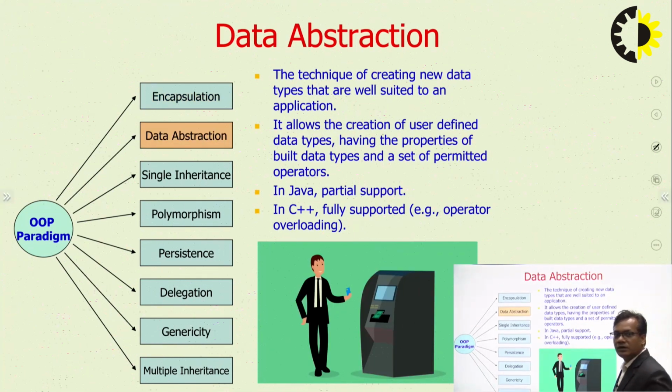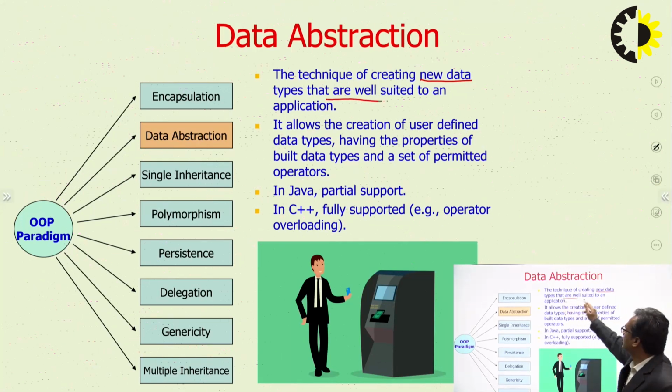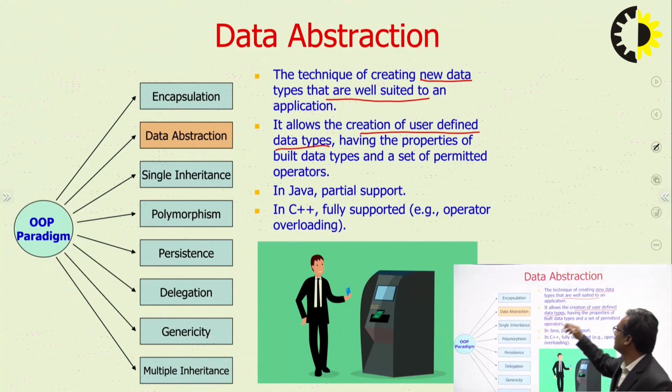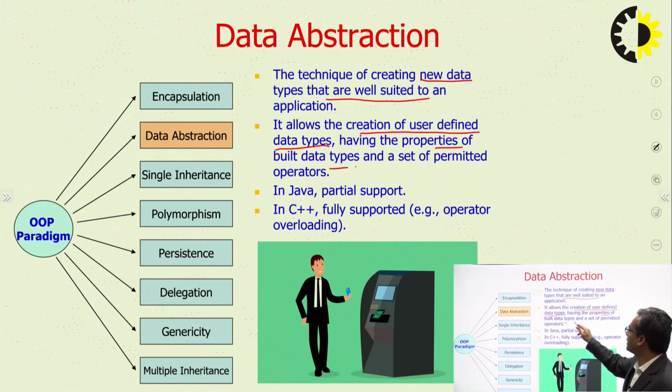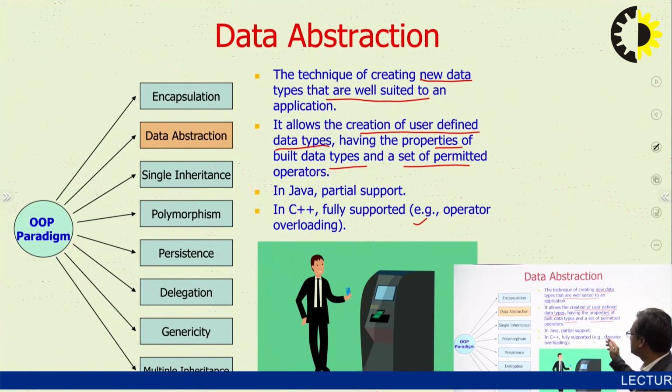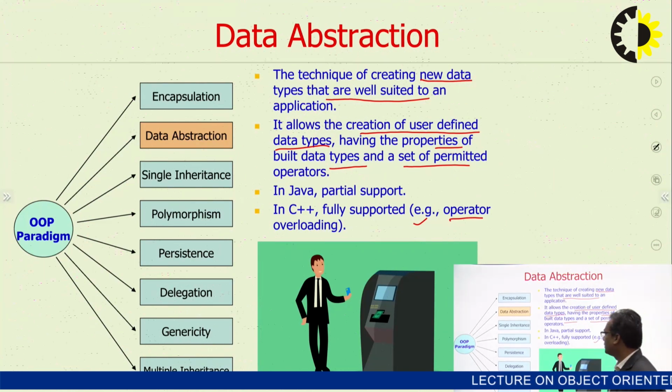Here, data abstraction is basically a technique of creating new data types that are well suited to an application. It allows the creation of user defined data types having properties of built-in data types and a set of permitted operators. Java partially supports data abstraction, and C++ fully supports it, like operator overloading.